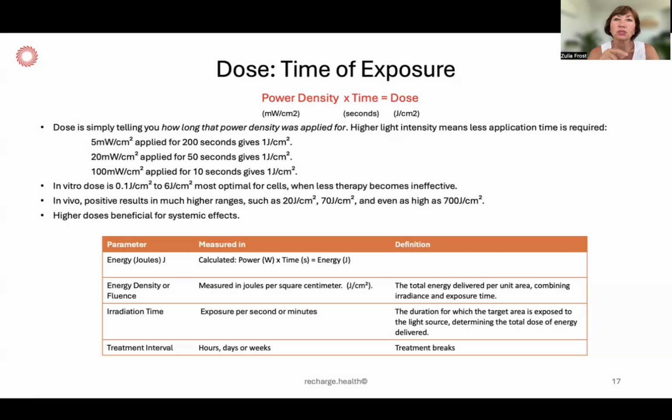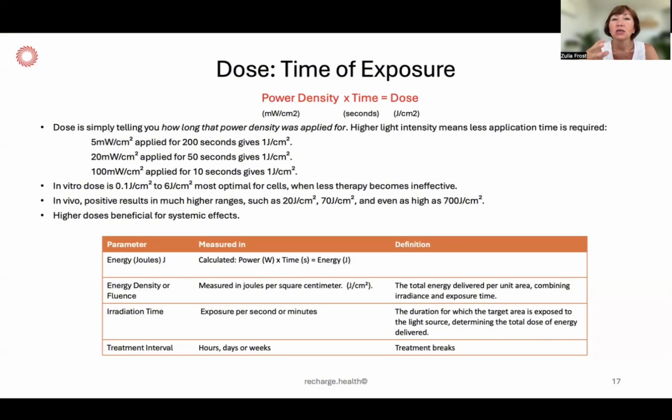So if it comes to FlexBeam, how do we calculate this? The actual joules is power in watts times time in seconds, yes? So 100 milliwatts is 0.1 watt times the time we use, 10 minutes, which is 600 seconds.